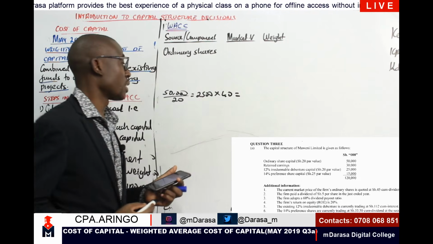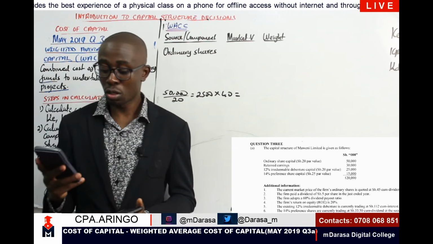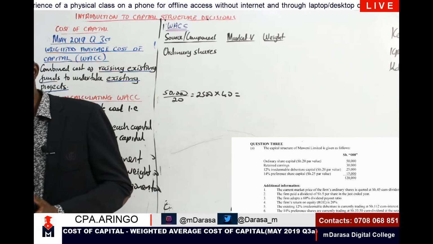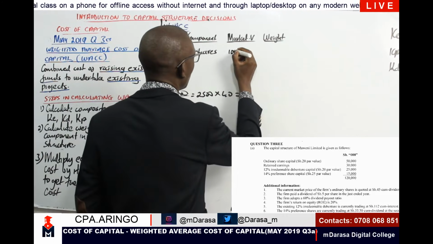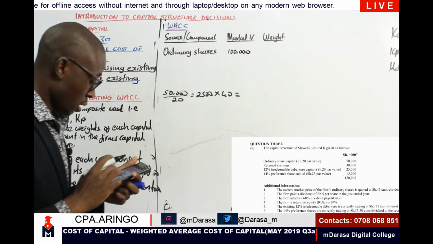So that should give us a market value of these ordinary shares, 2,500 by 40, which will give me a figure of 100,000. So our market value is 100,000 for ordinary shares.